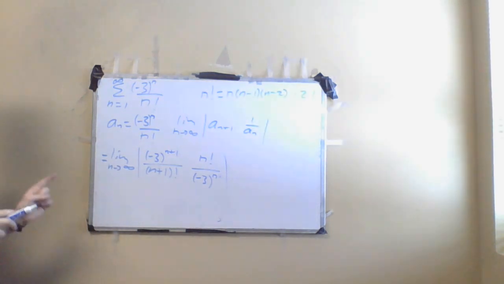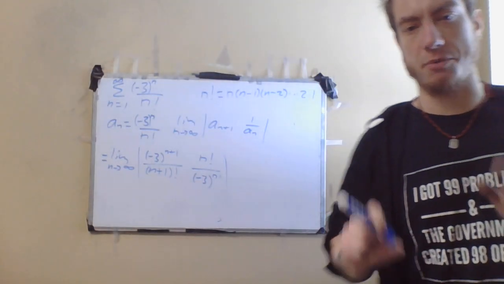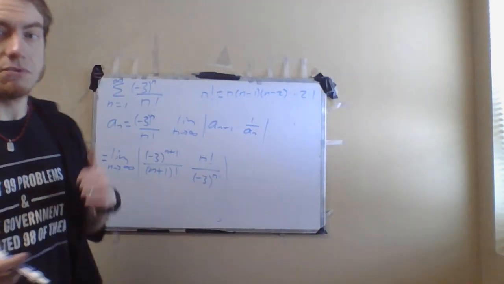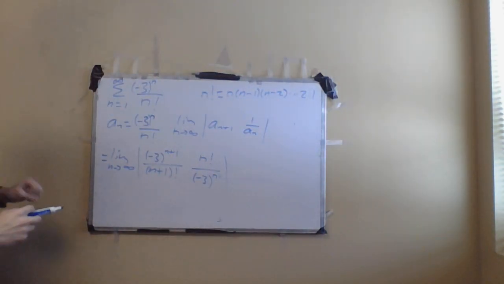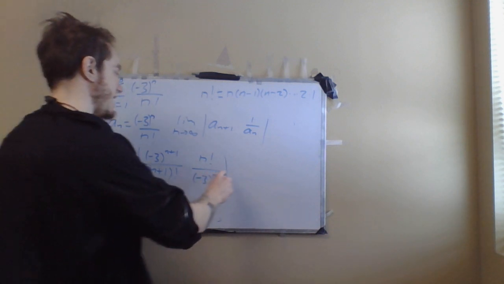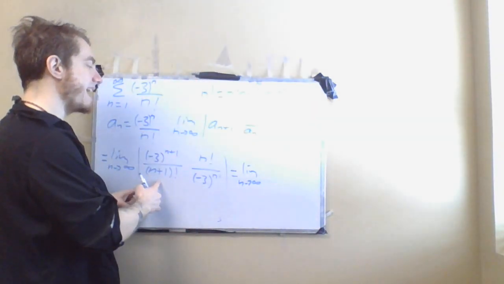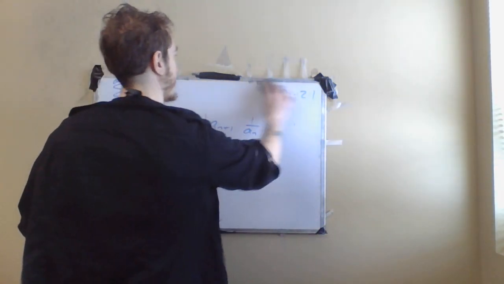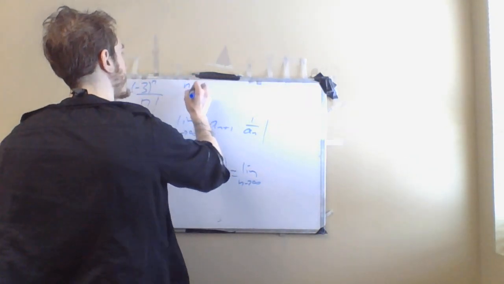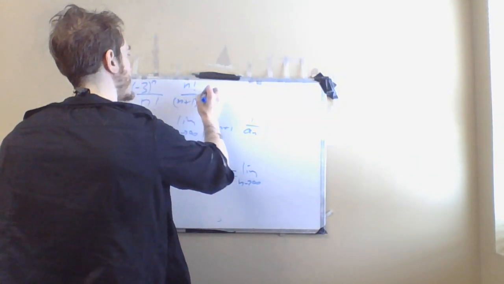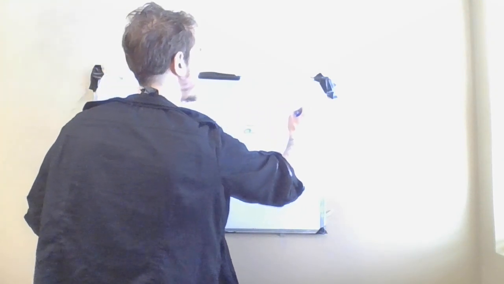Now, here is the key step. And if you were able to figure out this step yourselves, then you'd be all set. If you didn't figure out this step, you'd be really stuck. The key observation is that n factorial divided by n plus 1 factorial is n times n minus 1 times all the way down to 2 times 1 divided by n plus 1 times n minus 1 all the way down to 2 times 1.